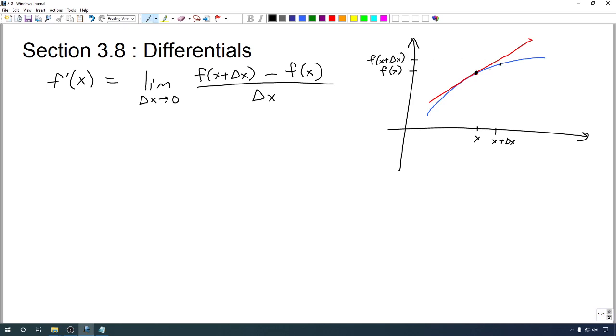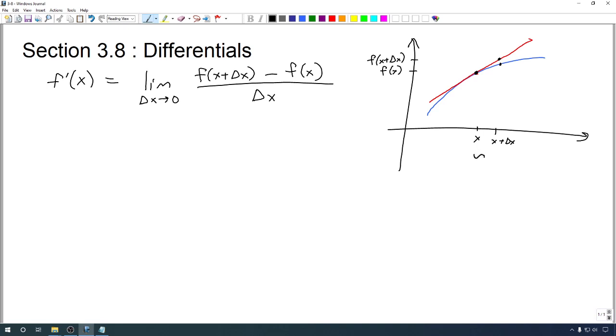And that's not exactly the point on the line. The point on the line will be a slightly different point, but it is an approximation for that particular point. The point on the line, which is a lot easier to do once you have this tangent line, is an approximation for this actual value of the function.